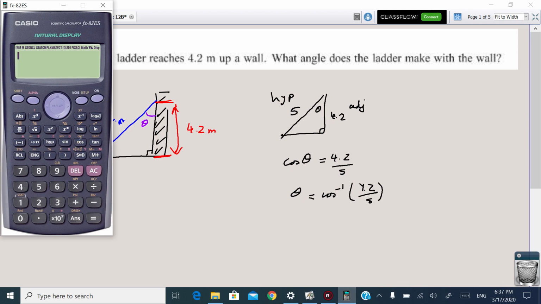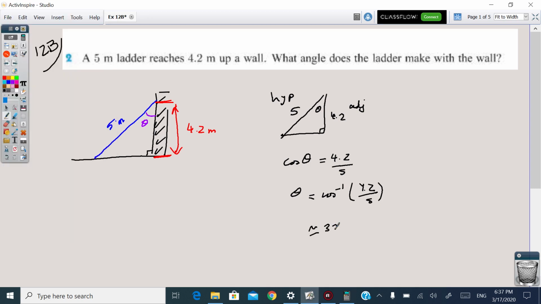Shift cosine of 4.2 divided by 5, and this is 32.9, 3 significant figures. So this is the angle that the ladder makes with the wall. As you can see, the problem really requires understanding and a nice, clear sketch.